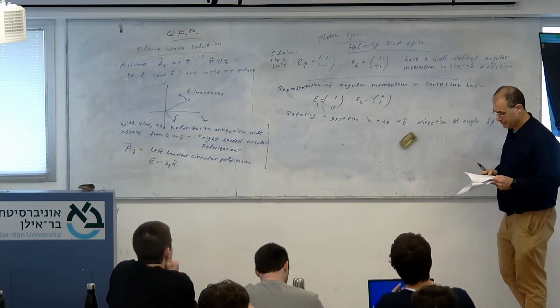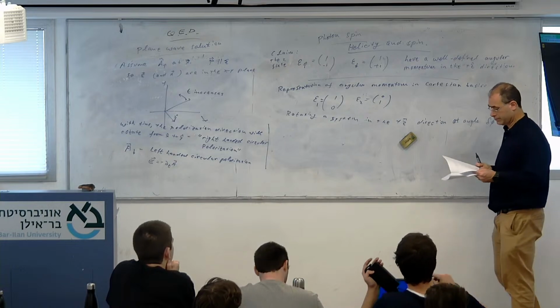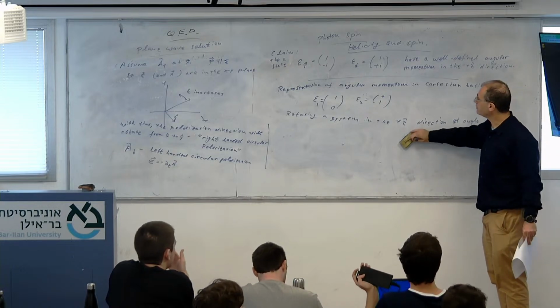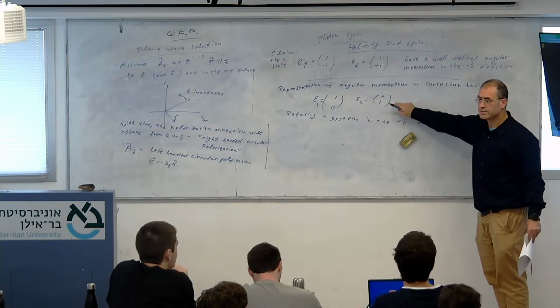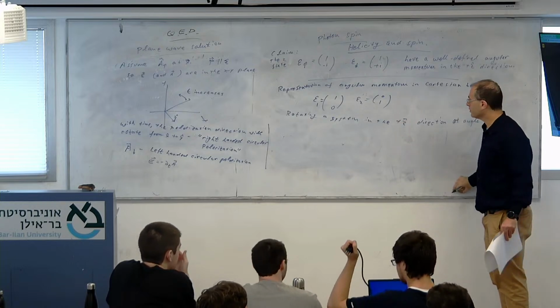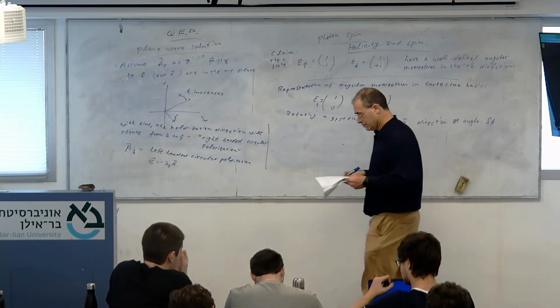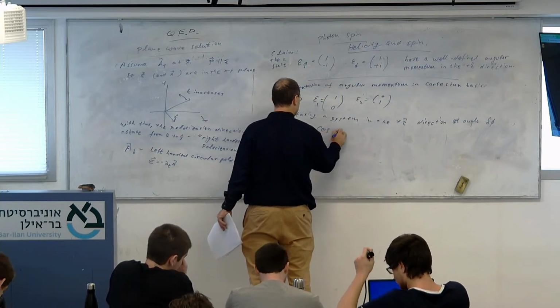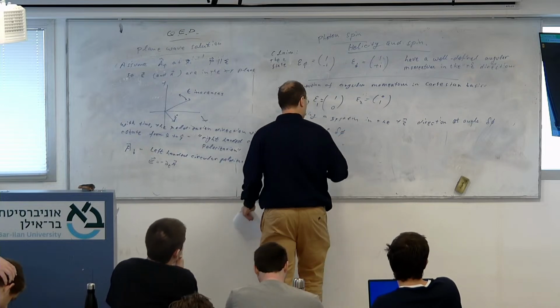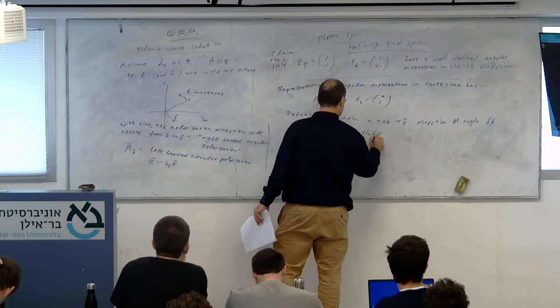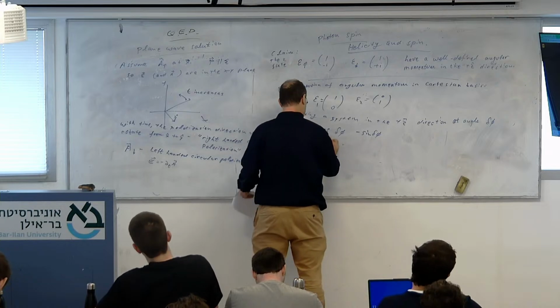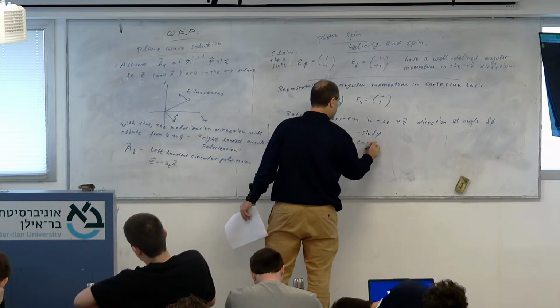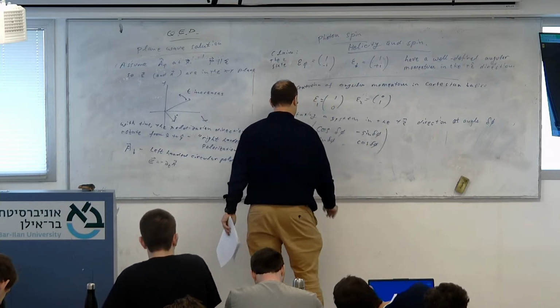How do I write it? How do I make this representation in this basis? The rotation matrix is going to be cosine delta phi, minus sine delta phi, sine delta phi, and cosine delta phi.